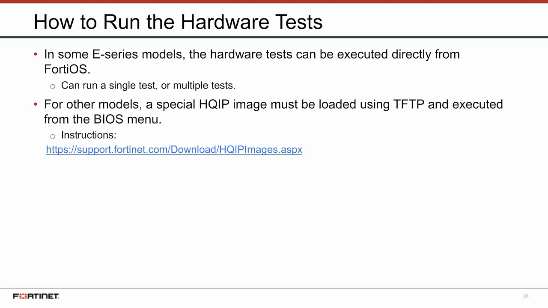For other models, you must download special HQIP hardware testing images from the Fortinet Technical Support website. The steps for uploading the hardware test image are the same as the ones used for uploading a firmware image. You can run the hardware test image without saving it in the flash, so any existing firmware image won't be overwritten.